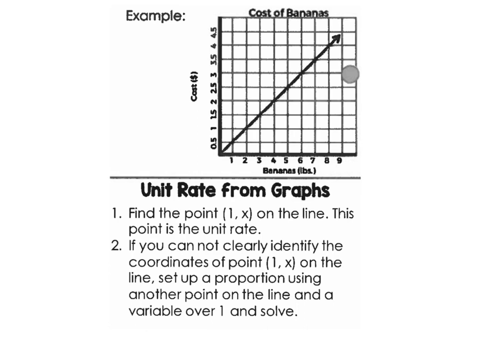So we all know how a coordinate plane works. We go over to find the first number to 1, so that's our 1 here. Then we go up to where it hits the line. That tells us that's a perfect corner, so our x, or our variable here, would be 0.5. So our unit rate here is 0.5.